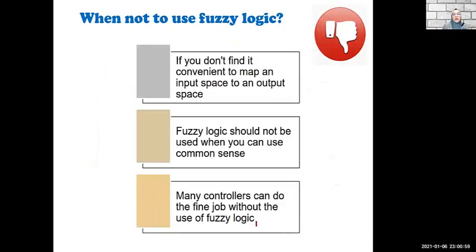So, when not to use fuzzy logic? If you don't find it convenient to map an input space to an output space, when we cannot relate input and output, do not use fuzzy logic. Fuzzy logic should not be used when you can use common sense. So, how do you make the decision?